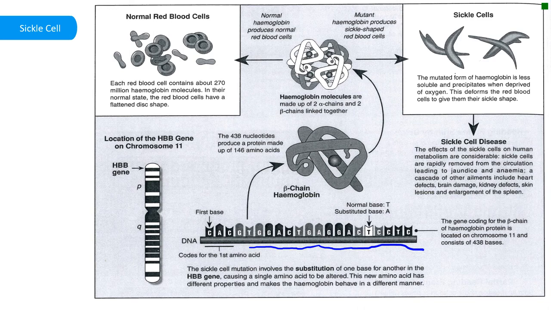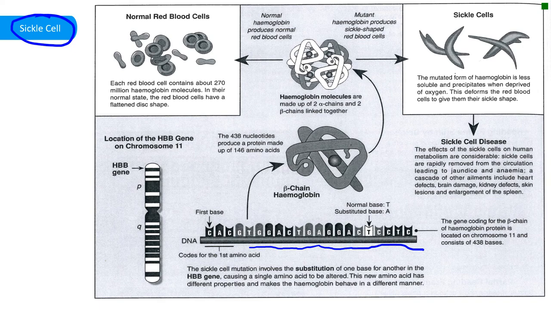So where, let's say, CAC might code for valine, if you change one of the letters to CAT, for example, when the chef reads it in the kitchen, he may well bring in phenylalanine instead, and therefore we'd have a different protein. And this is exactly what happens in the condition of sickle cell anemia.